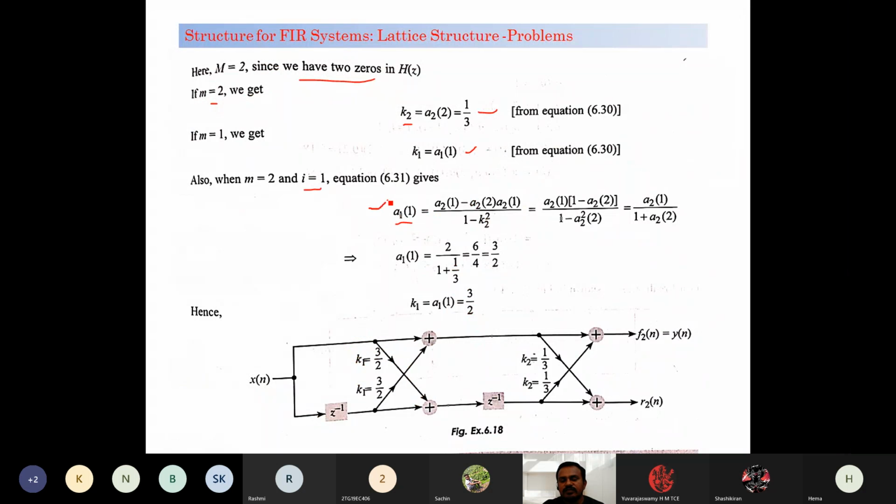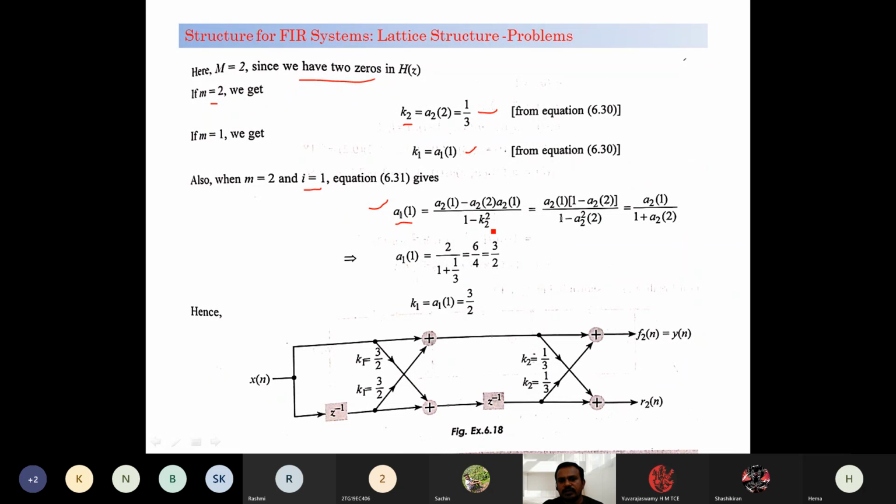Once again, if I substitute all the values in the given standard equation, it is going to reduce to A1 of 1 is equal to A2 of 1 minus A2 of 2 into A2 of 1 divided by 1 minus K2 square. Let us simplify the things. Here A2 of 1 is common, so we have taken A2 of 1 common, and 1 minus A2 of 2 divided by 1 minus A2 square of 2.